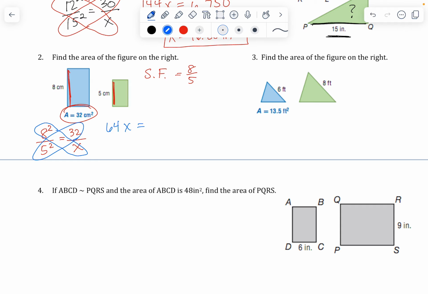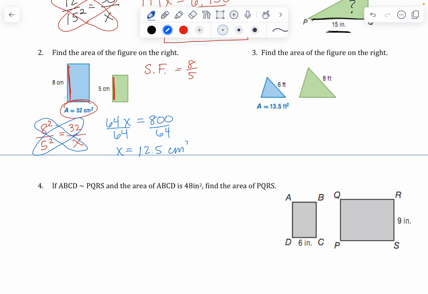Then we're going to multiply 5 squared times 32. 5 squared is 25 times 32, I think turns out to be 800. You can check that. Divide by 64. And x equals, go ahead and type it in.